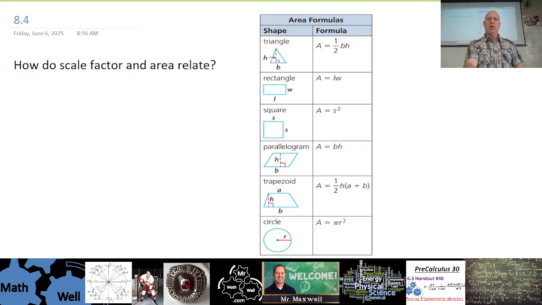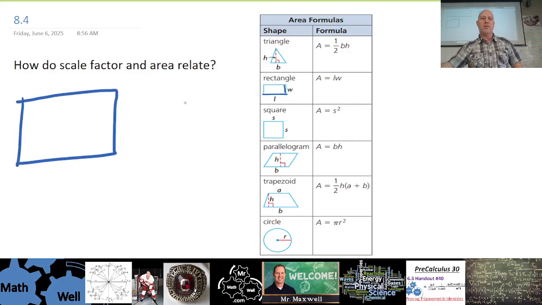You don't use those much, but the parallelogram is just like a rectangle that's been pushed over a little bit. I won't go through the details here, but really it's just base times height. It's very similar to a rectangle, length times width. This can also be seen as base times height, right? If you have a parallelogram, it's just like a rectangle that's been pushed over.